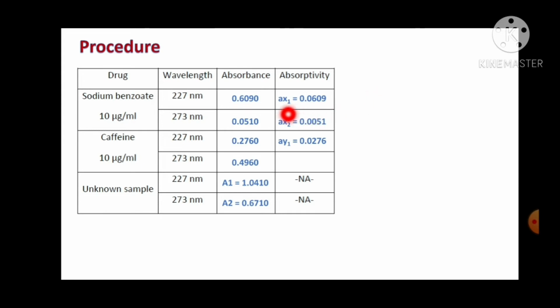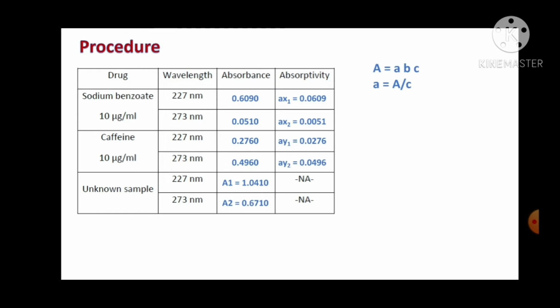We are considering sodium benzoate as drug X and caffeine as drug Y. So AX1 is the absorptivity of drug X, that is sodium benzoate, at lambda 1, that is 227. Similarly, we can have AX2, AY1 and AY2.